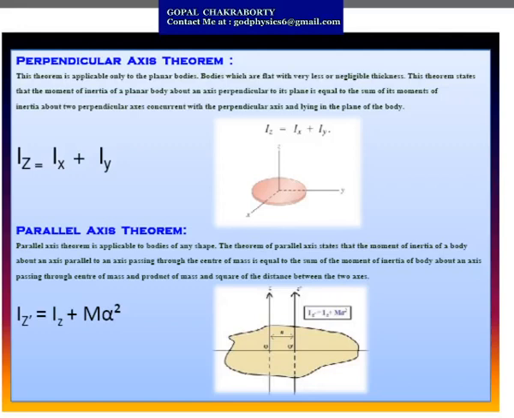So if we find Iz dash, the moment of inertia along the z dash axis, it equals Iz plus m r square. Here I have considered alpha square, so it is Iz plus m alpha square.